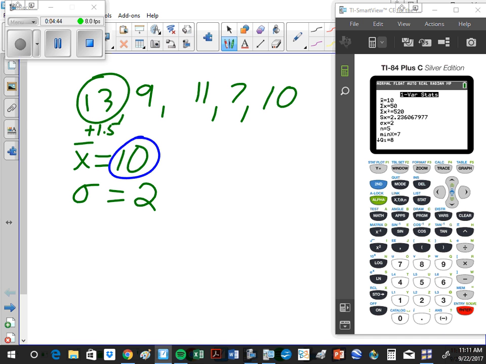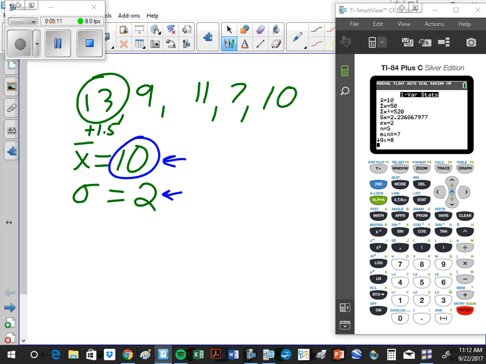How many SDs is 3? 1.5. Nope, you always do this in terms of that. That's what standardizing means. So we're 3 to the right, correct? How many SDs is that?